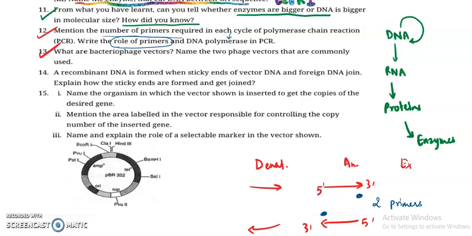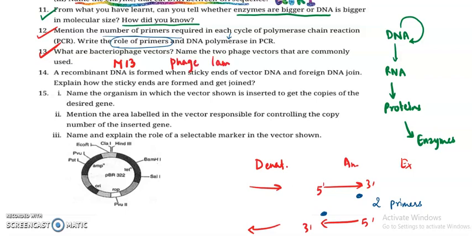What are bacteriophage vectors? Whenever we use bacteriophage for transferring the recombinant DNA, or whenever we want to use the gene of interest by using bacteriophage as a vector, they become bacteriophage vectors. Very important bacteriophages which are used as vectors are M13 and phage lambda.